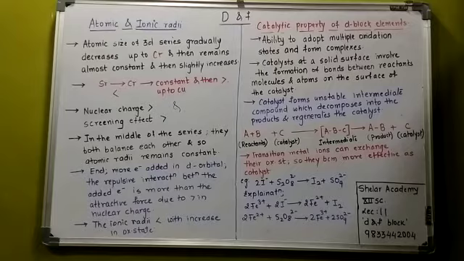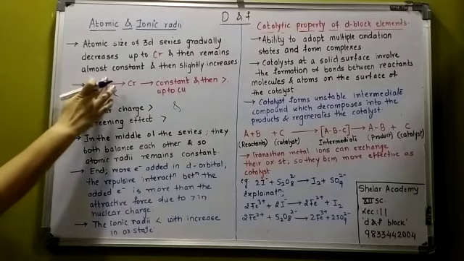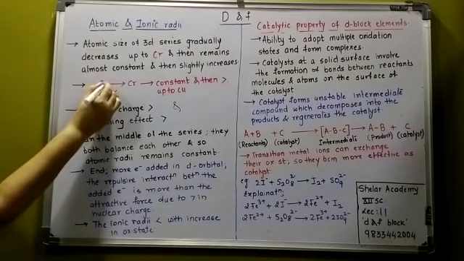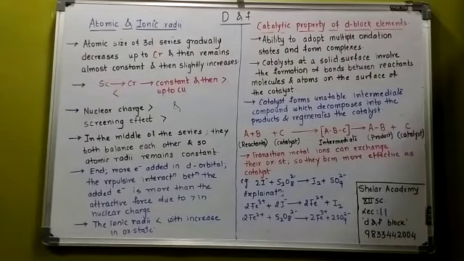I have written here from the first element, it should be Sc over here, that is scandium, up to chromium it will go on decreasing, then it will remain constant, and then it will go on increasing slightly. So that is the difference in the atomic size in case of the d block elements.